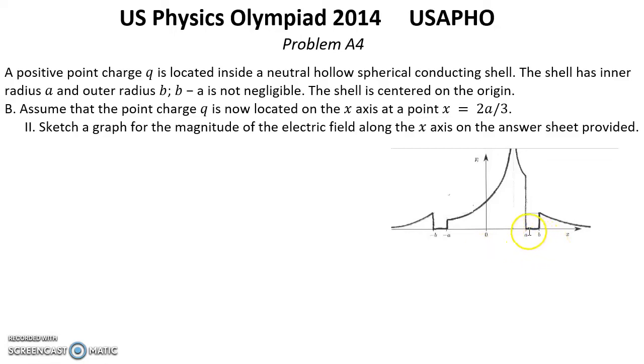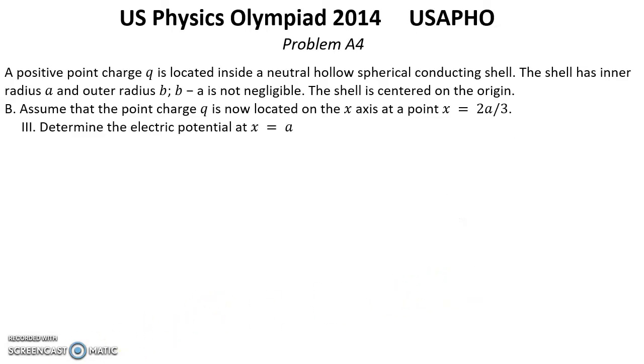After that, we have zero field between a and b from both sides, and inside the shell for x less than a, we have a divergence at x equal to 2a over 3 and a kind of complicated field, but still inversely proportional to 1 over r squared, where now r is the distance to the point 2a over 3. So that's the solution.